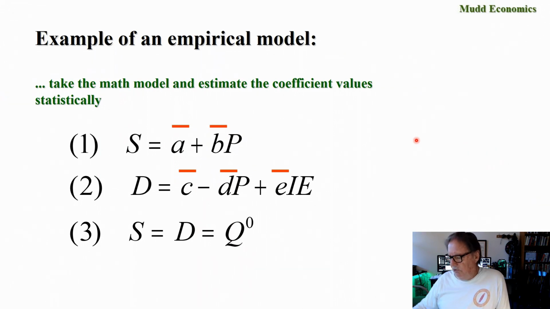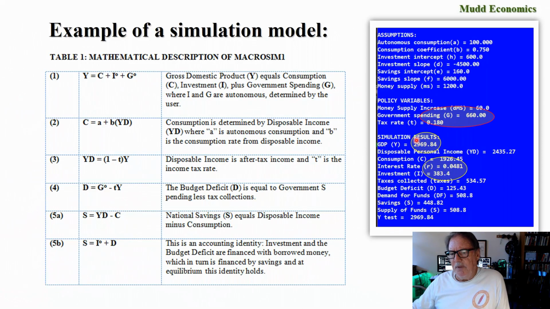But what we do instead is construct a simulation model. Now this slide is complicated, and I'm not going to explain this specific simulation model in the slide. I'm just going to tell you here that a simulation model looks something like this. And this is going to be the Macrosim1 model that we'll end up using in the class considerably.